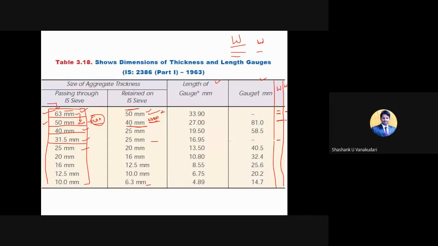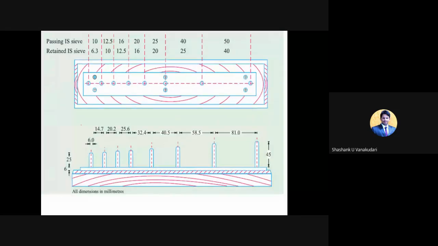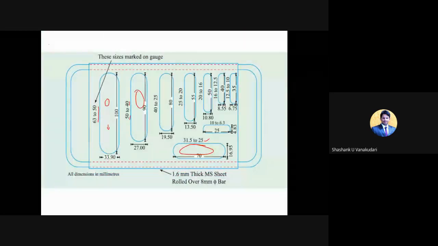Here in the flakiness index part, we need to collect the passing materials from the thickness gauge. So this instrument's name is thickness gauge. And one more will come, that is the length gauge. Here it is. So this is the length gauge. Do not get confused. Through this, we are going to find out the elongation index. Clear? And through this, we are going to find out the flakiness index.